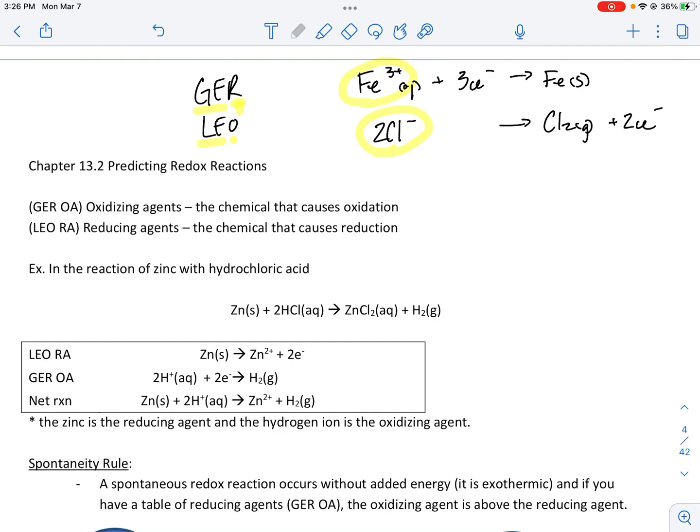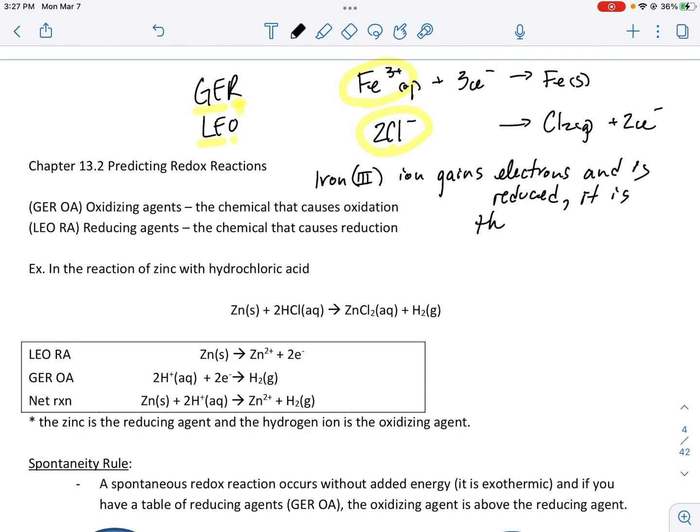The iron 3 ion gains electrons and is reduced. It is the oxidizing agent.